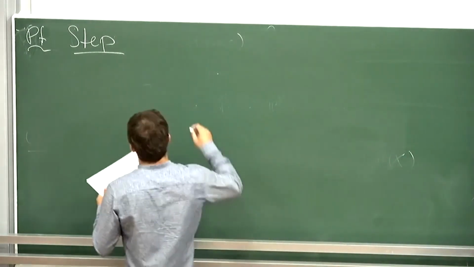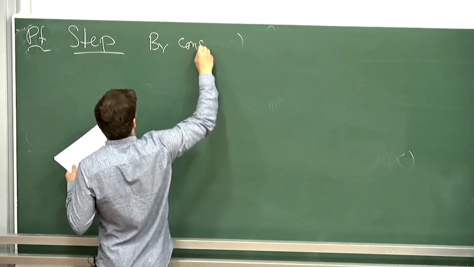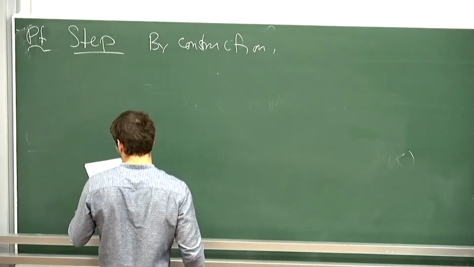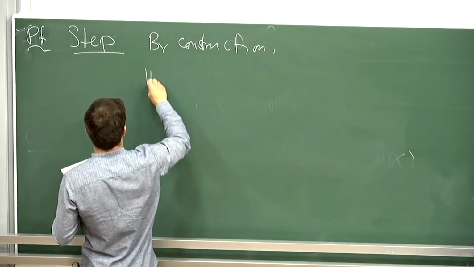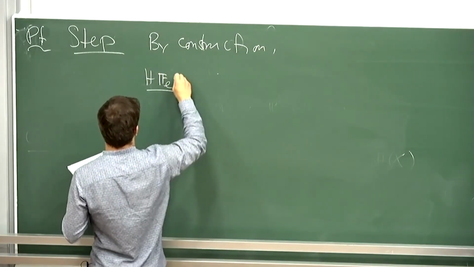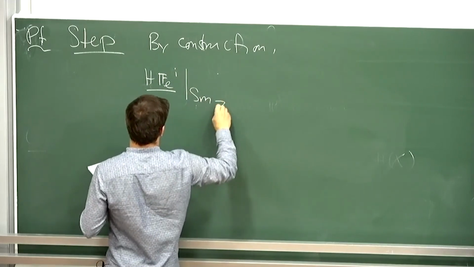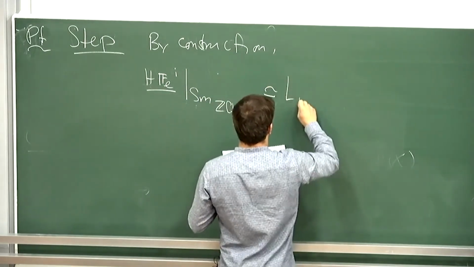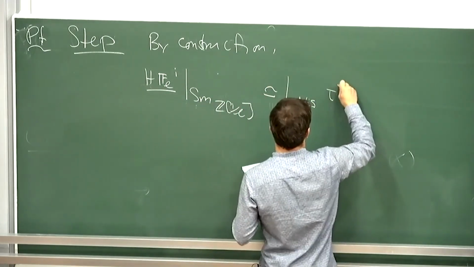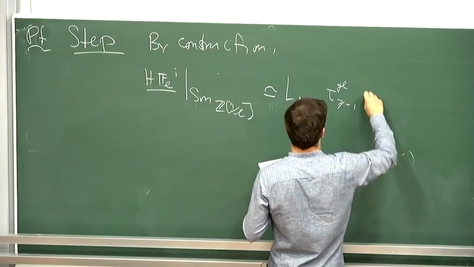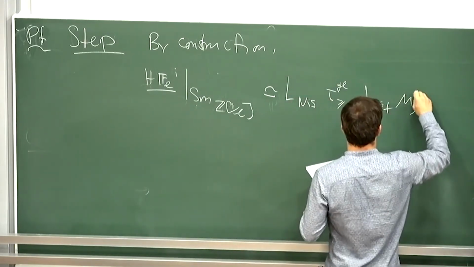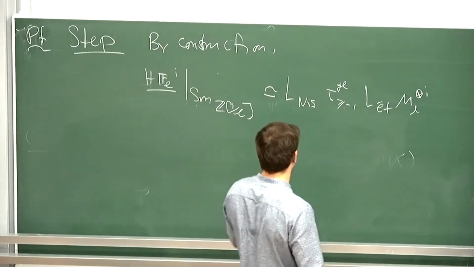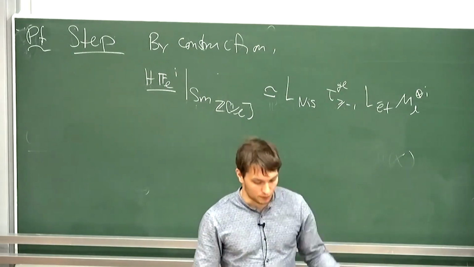So by construction, if I do this, HFL underline I restricted to smooth schemes over Z[1/L], this is L-nis of tau global, greater than or equal to minus I, L et al, mu L tensor I. Okay, so this is somehow some Bloch-Kato magic, I suppose, which is stuck into this by construction for us.